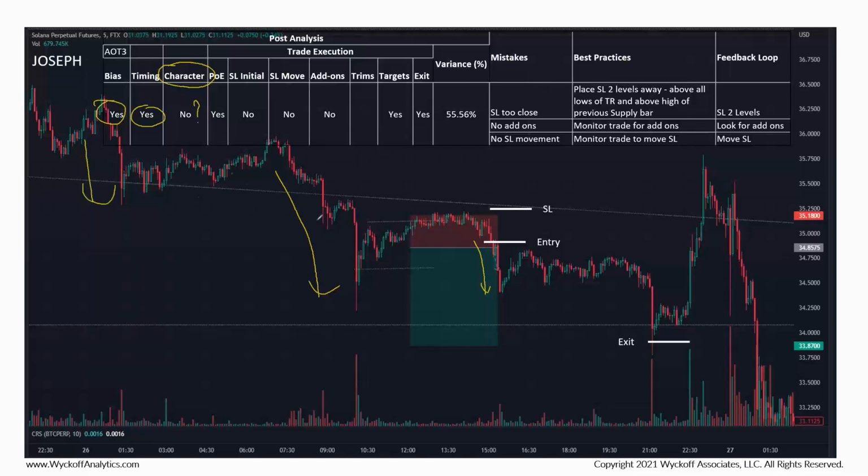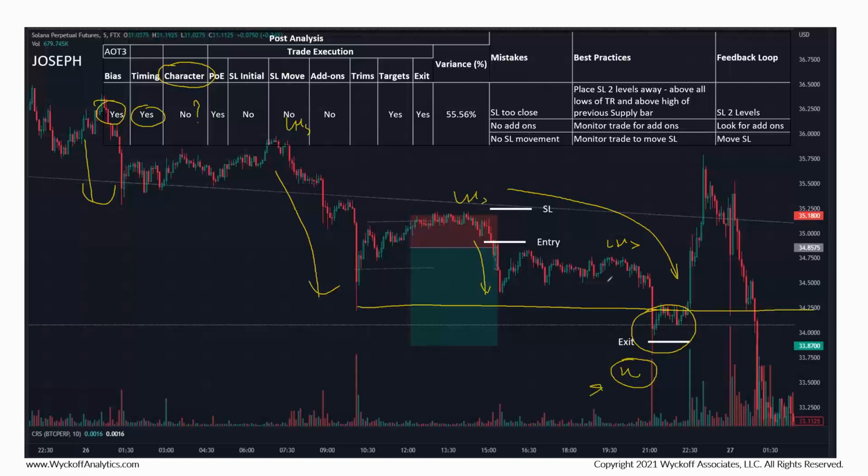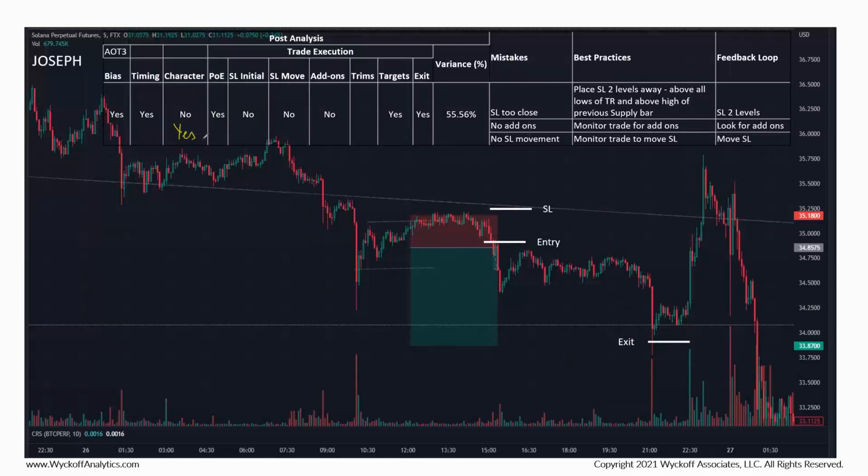This aggressiveness with which it's being sold, and lower highs throughout, is suggestive that we're going to have a low resolution into the low, phase B or phase C. So from that perspective, if Joseph was thinking this way, that we're going to have a low, then it did make sense to hold on. Maybe a trim here, but holding on into the target zone right here. But I think that mostly it was the target that was being used. So I would say character is probably yes to me, Franz.